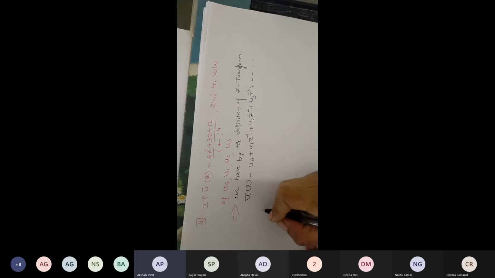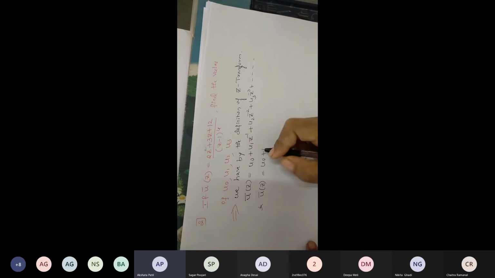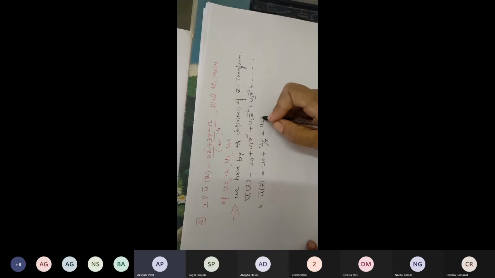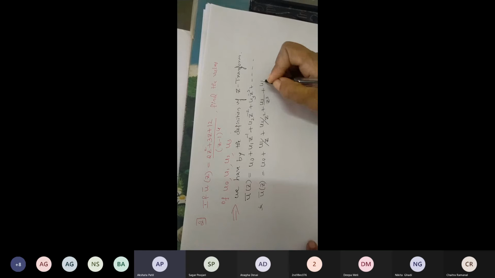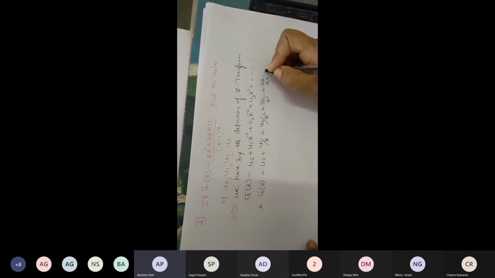So we can write u bar of z equals u0 plus u1 by z plus u2, z raised to minus 2 we can shift to the denominator, then it becomes 1 by z square, plus u3 divided by z cube plus u4 divided by z4 plus so on.